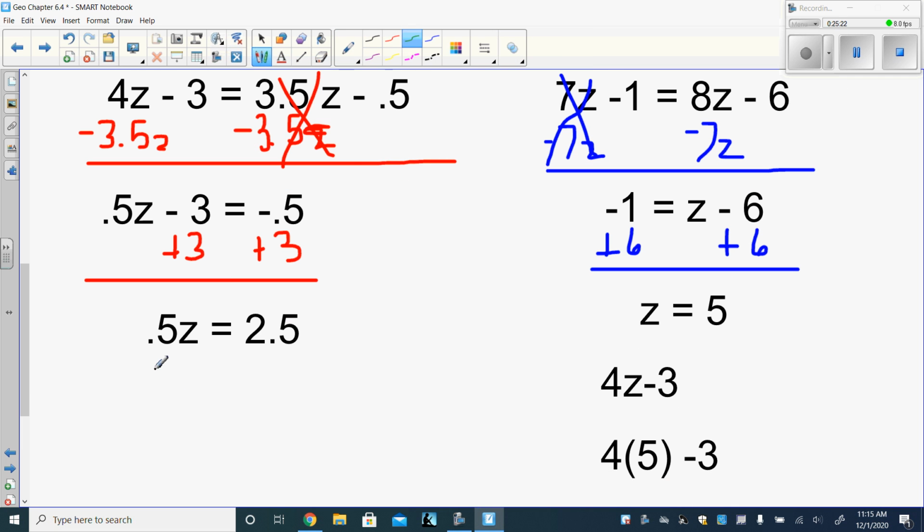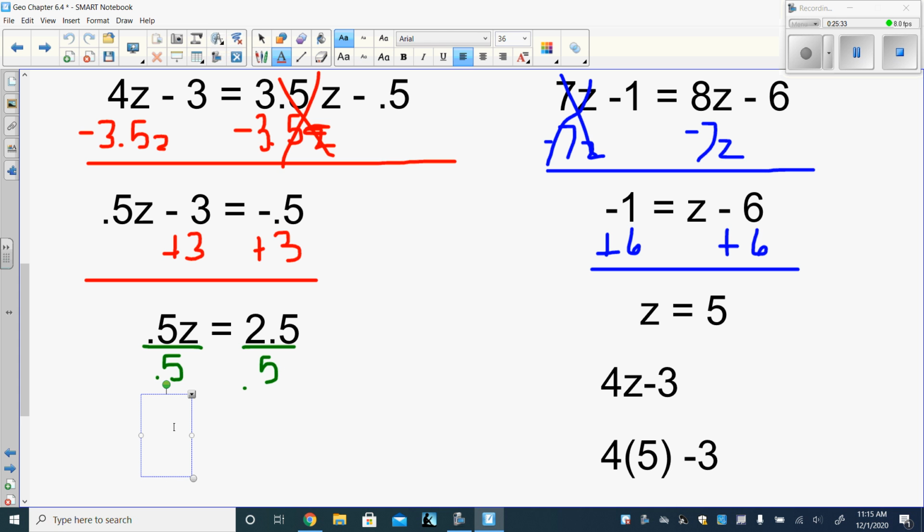Now z is not by itself, so to get z by itself, I'm going to divide both sides by 0.5. And if I divide both sides by 0.5, I get that z is equal to 5. Well, that's the exact same thing we got doing it the other way.